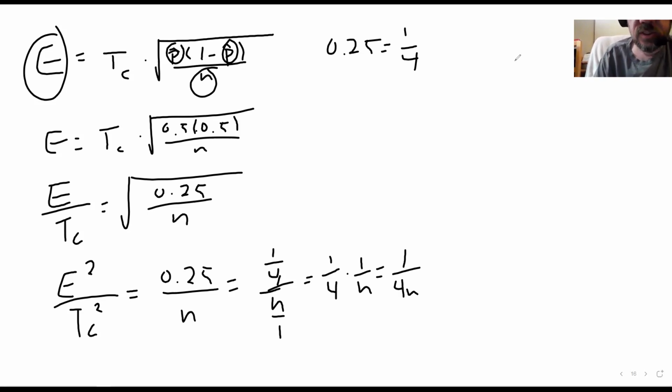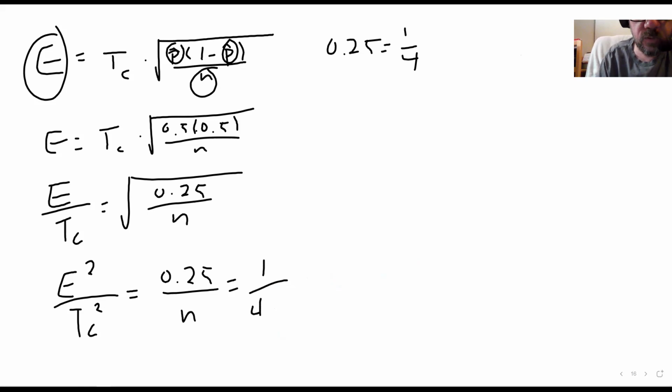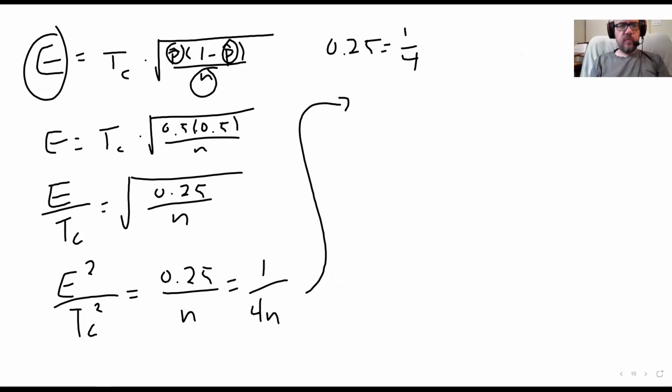It's the right side there. So I'm just going to erase that and just say that that's 1/4n there. Just erasing it for room here. 1/4n. Now, here's a trick that you may or may not know. I'm sure you know from algebra that anything you do to one side of an equation, you have to do to the other one, right, to keep them balanced. Well, you can do anything you want as long as you do it to both sides.